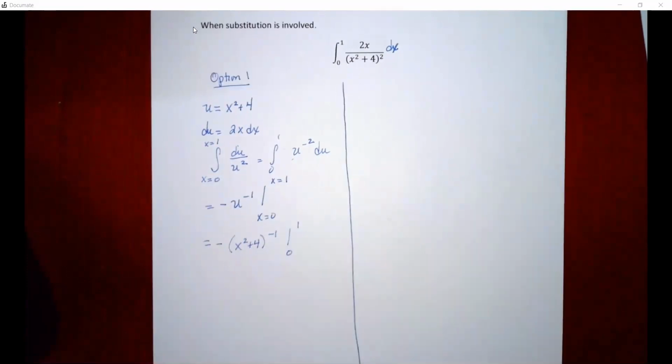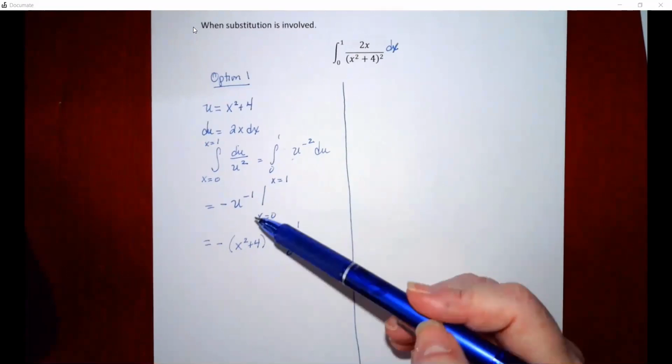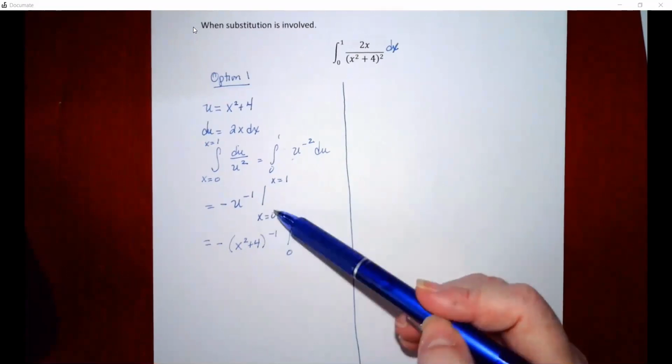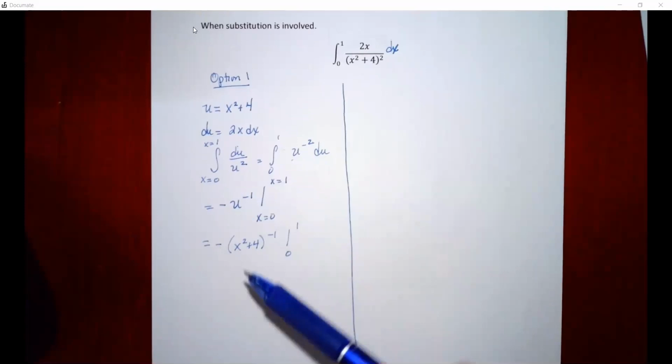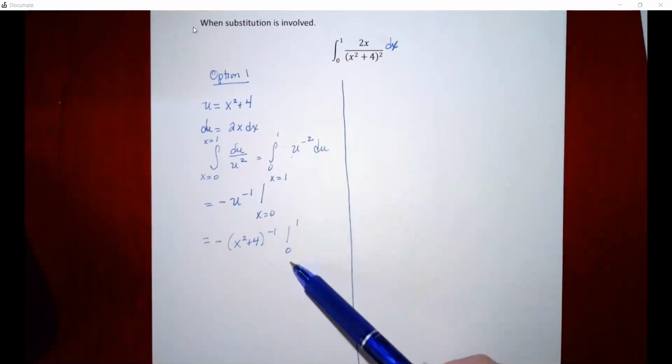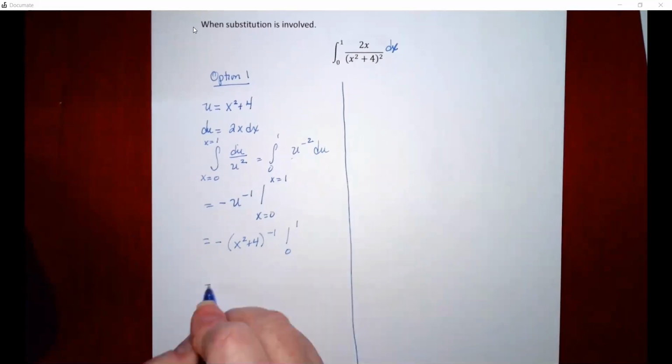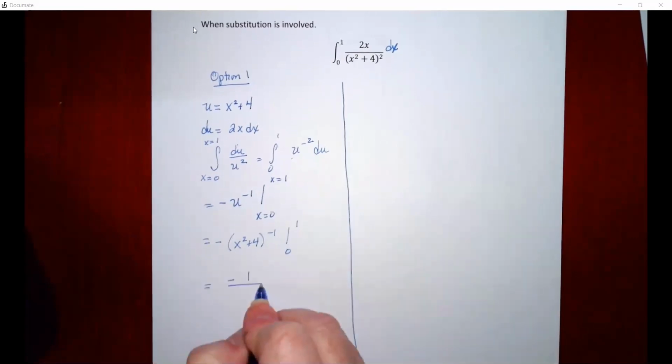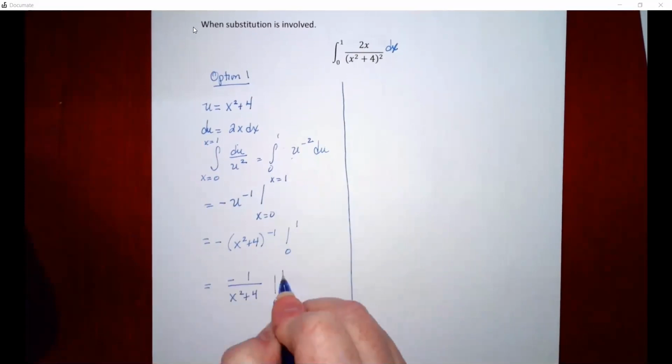So just like we've been doing with indefinite integrals, if I don't change my limits, I have to replace u with what it is in terms of x before I plug in top and bottom limits. So I have negative 1 over x squared plus 4 from 0 to 1.